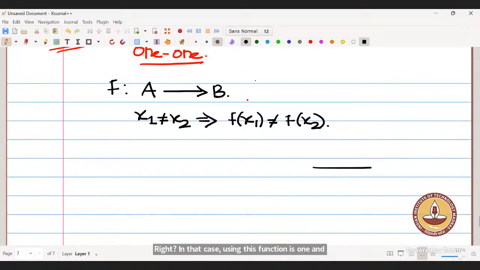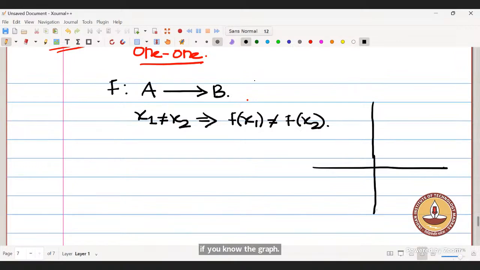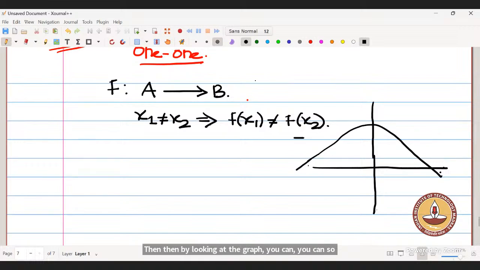If you know the graph of the function, then by looking at the graph you can apply the horizontal line test.